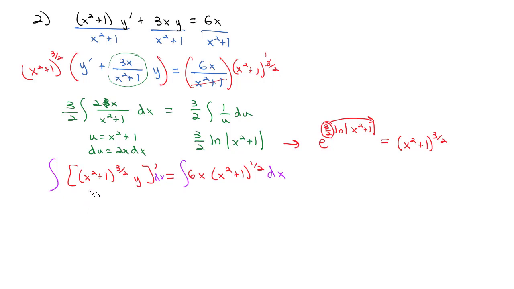The left side's straightforward. The right side, though, we're going to have to do a little bit of u substitution again to get there. If I make u equal to x squared plus 1, du is going to be 2x dx.